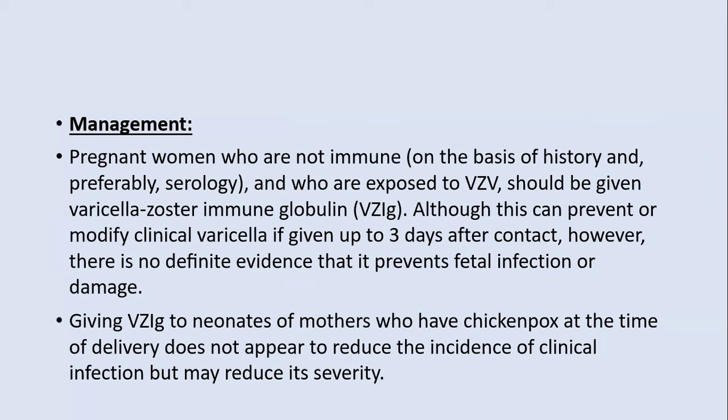Management. The pregnant women who are not immune on the basis of history and preferably serology, and who are exposed to the varicella zoster virus should be given varicella zoster virus immunoglobulins. Although this can prevent or modify clinical varicella if given up to 3 days after the contact, there is no definite evidence that it prevents the fetal infection or the damage.